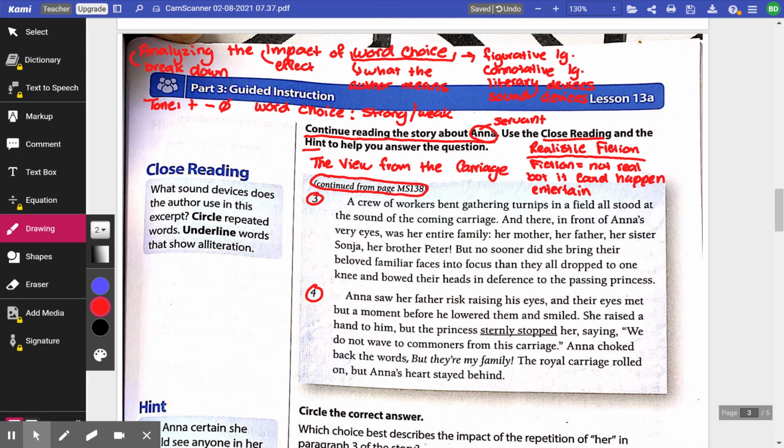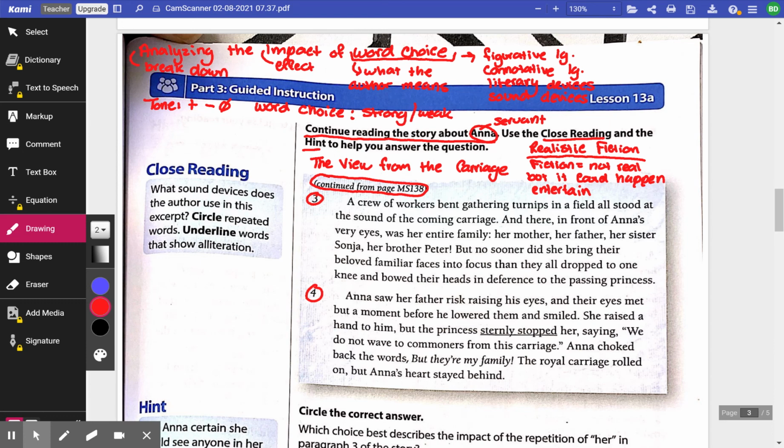A crew of workers bent gathering turnips in a field all stood at the sound of the coming carriage. And there, in front of Anna's very eyes, was her entire family, her mother, her father, her sister, Sonia, her brother Peter. But no sooner did she bring their beloved familiar faces into focus than they all dropped to one knee and bowed their heads in deference to the passing princess.